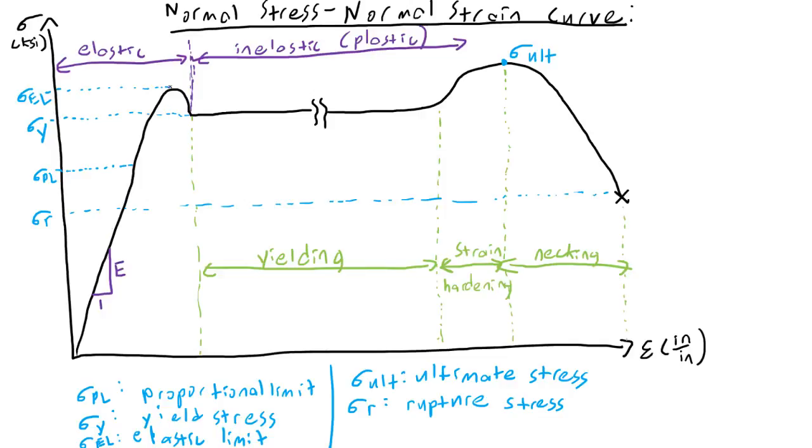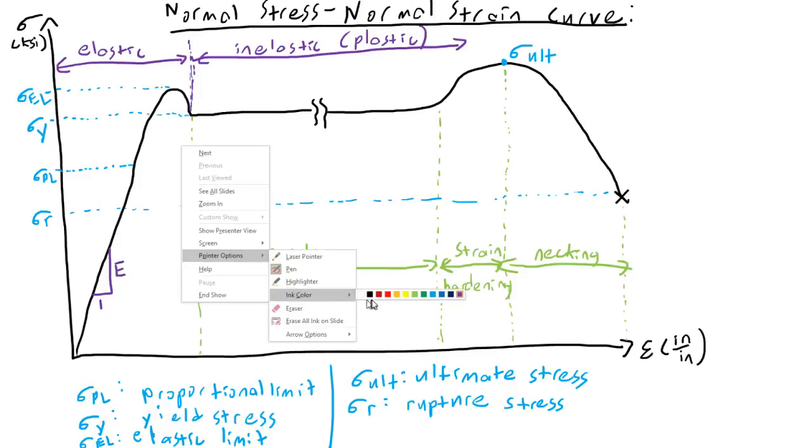Do you estimate it from here and project it downward? Do you estimate it from here? It's hard to show on a hand graph like this, but generally, it can be hard to estimate exactly where the curve stops being linear. So that's why we usually use something called the 0.02% offset method.